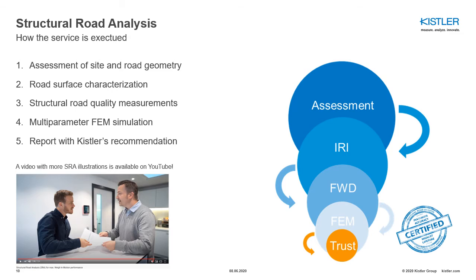So, what's the process of this service? The first step is an assessment of site and road geometry. This can be done remotely. The second step is an IRI measurement according to our own measurement specifications. The third step is an FWD measurement.